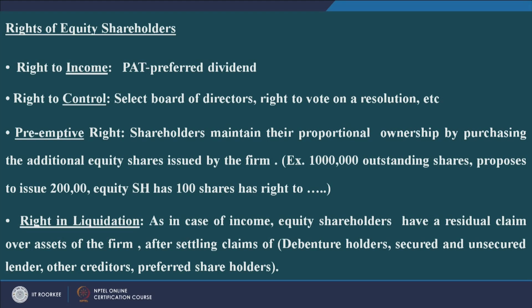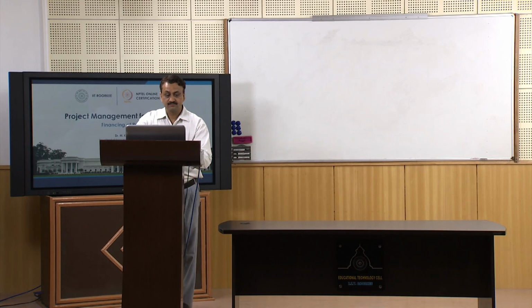He would have a right to 20 shares, because he is already having 100 shares. So, what is preemptive right? Shareholders maintain their proportional ownership by purchasing the additional equity shares issued by the firm. So, these are outstanding shares. Out of these many outstanding shares, the company proposes to issue 20,000 shares, and if I am already having 100 shares, I would have the right to how many more? 20, right.